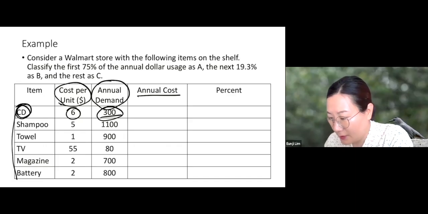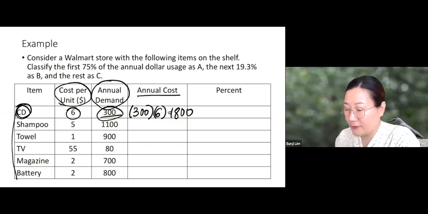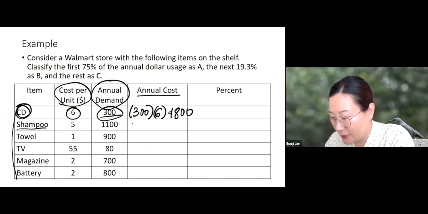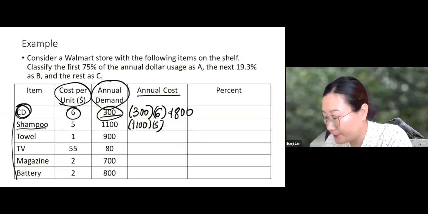So to purchase CDs, you are purchasing 300 units every year, and each unit costs $6. So every year you're spending $1,800 for this inventory item. And we can repeat this for the rest of the items. For the shampoos, 1,100 times 5 equals 5,500.